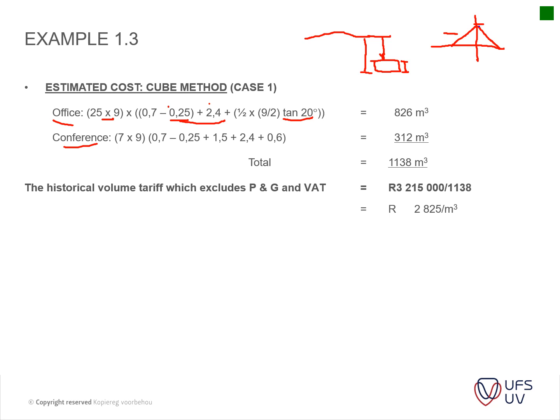You want to calculate your top height from there to there, and if you divide that by 2, you will get this little section that you need to add to your height. Hence the half that you calculate there. You do your calculation. On the next slide this section is going to be explained nicely. And then you've got your conference hall, which is now a flat roof.